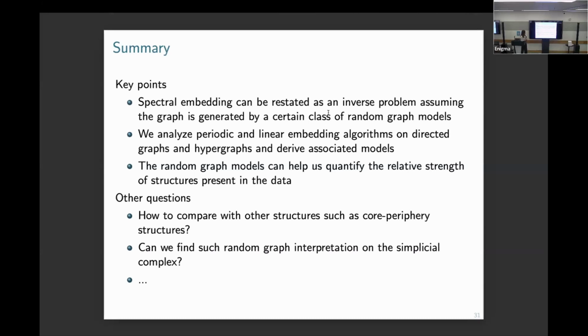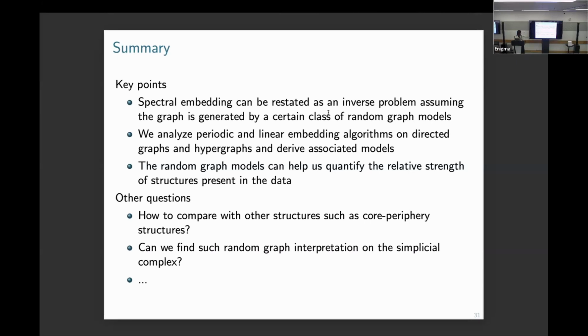So in the two works I presented earlier, we analyzed the periodic and linear embedding algorithm for directed graphs and hypergraphs and associated the related models. And this model allows us to quantify the relative strength of different structures that are present in the data.